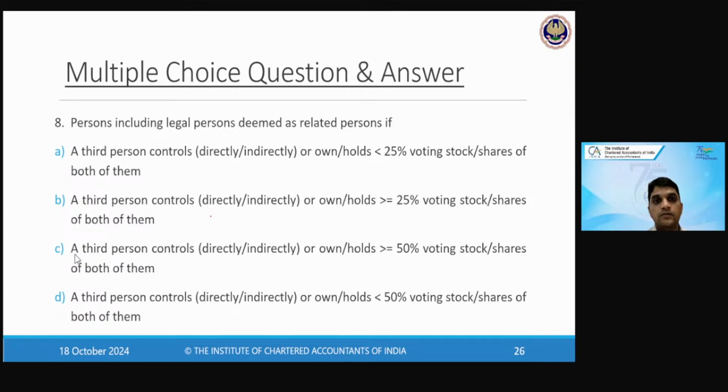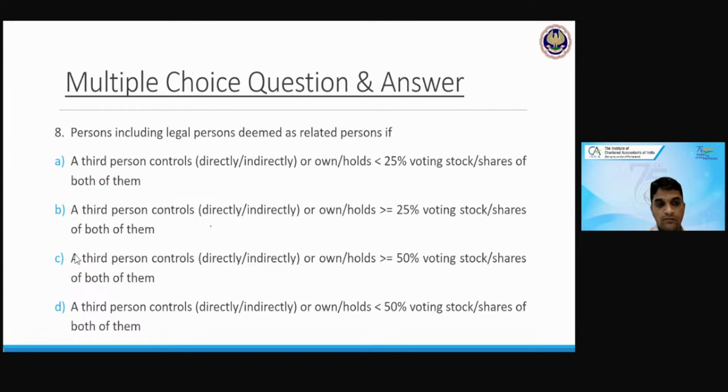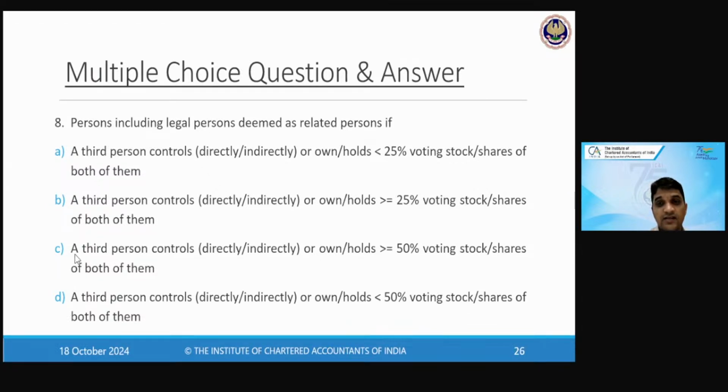Question number 8. Correct answer is 8B.